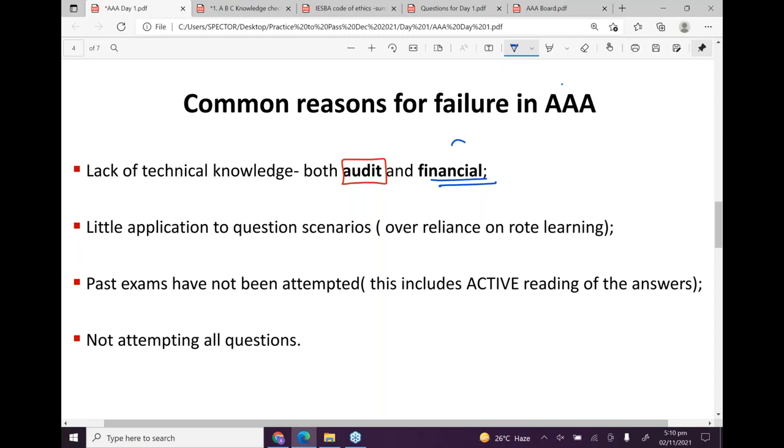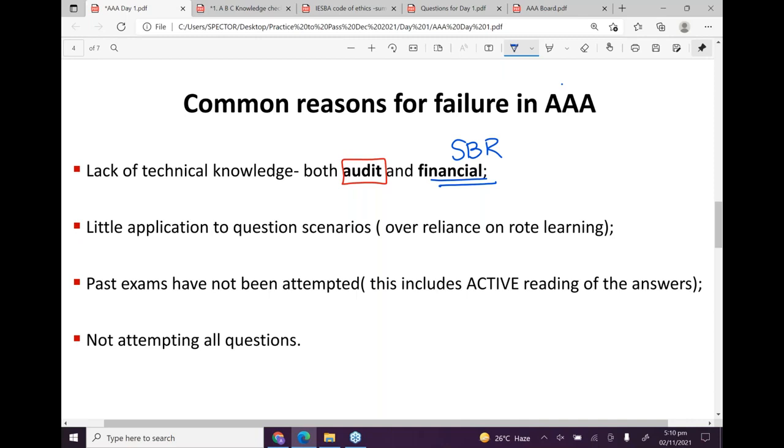Please remember, everything that you have done in SBR is assumed knowledge for this paper. So your examiner has specified that any student who has not studied SBR should not take the AAA exam. I'm not talking about passing SBR, I'm talking about studying it.